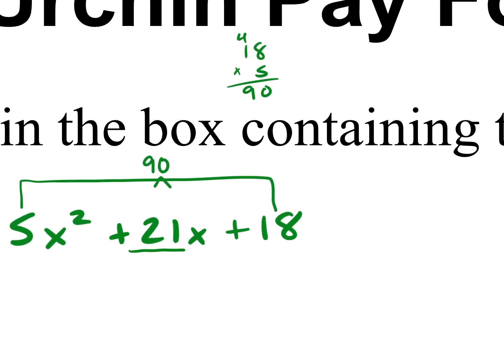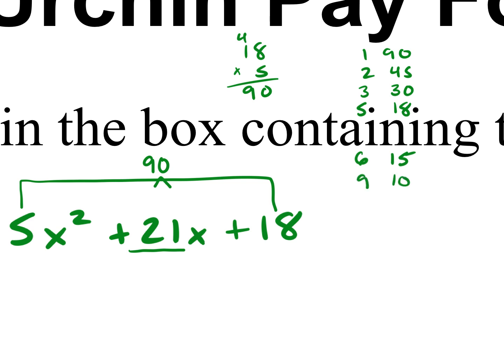Let's go through our factors of 90. 1 and 90, 2 and 45. Doesn't work. 3 and 30. 4, does 4 go into 90? Nope. 5 and 18. 6 and 15. 9 and 10.